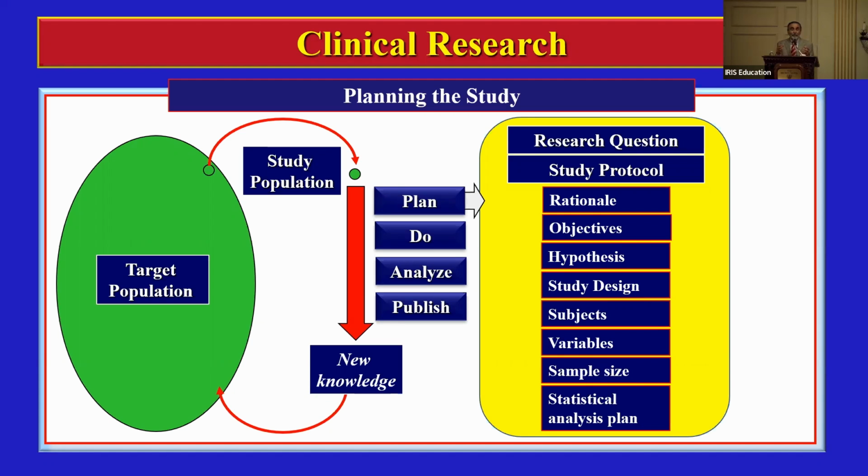What variables? Variables are everything that I'm going to collect. Then we have the predictor variable, in this case steroids. The outcome variable: if I'm going to use steroids in pneumonia, the outcome may be mortality in pneumonia. The confounder variables are the variables that are associated with my predictor and my outcome.